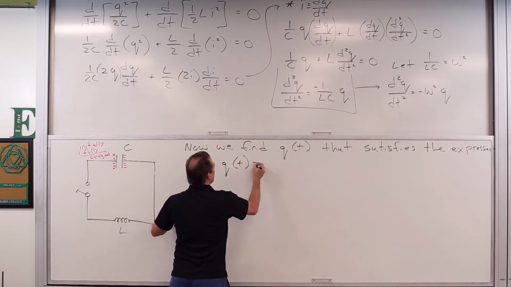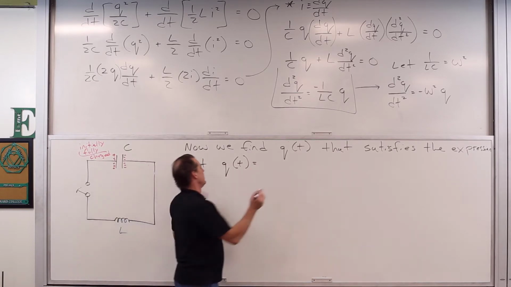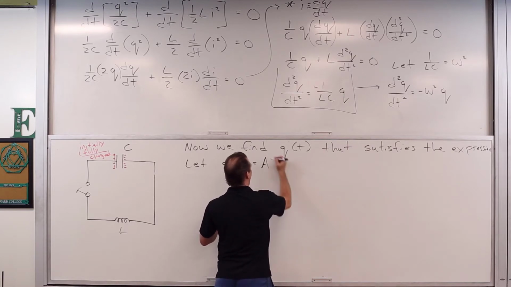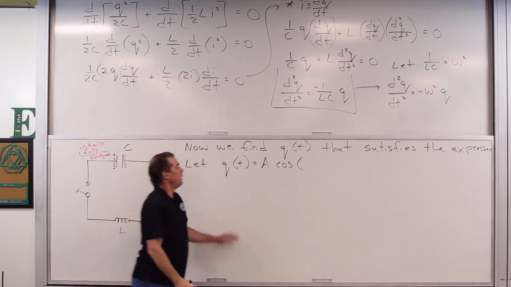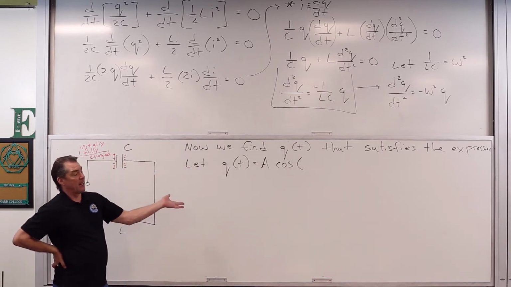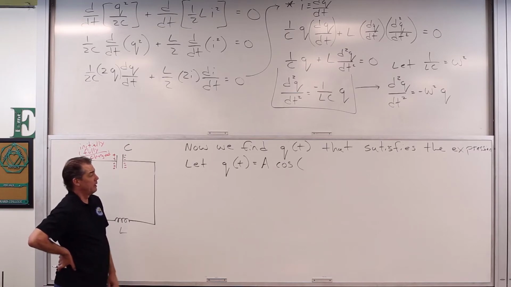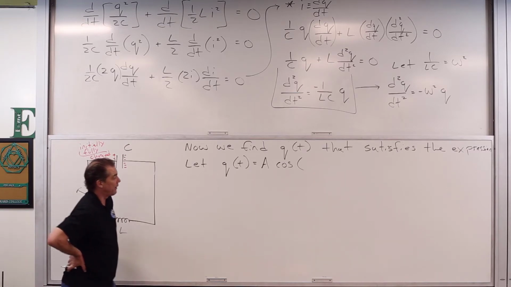Q of t is equal to some constant a times the cosine of, well, we don't just want to say theta, it's going to be cosine of some function with time in it. So there has to be some time variance in there.